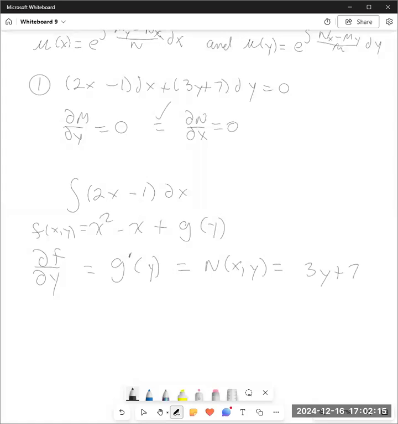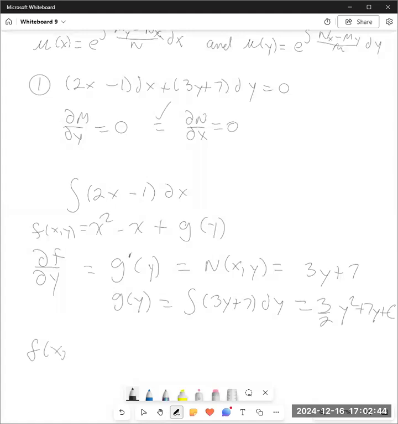You don't always get all these terms that drop out, but in this case we did. I'm going to integrate both sides and say g of y is equal to the integral of 3y plus 7 dy, which is 3/2 y squared plus 7y. And now I can just put a generic plus c because my constant is incorporated into that g of y.